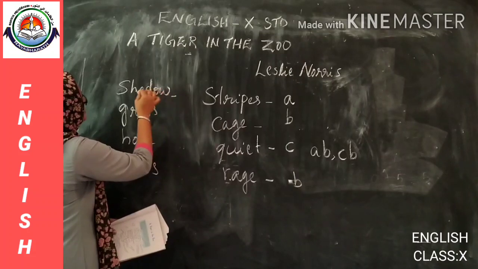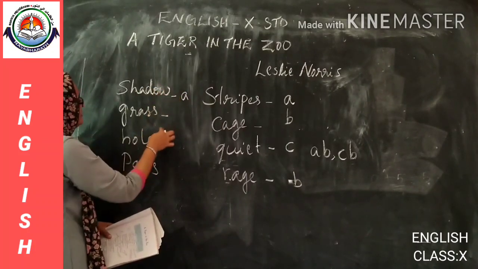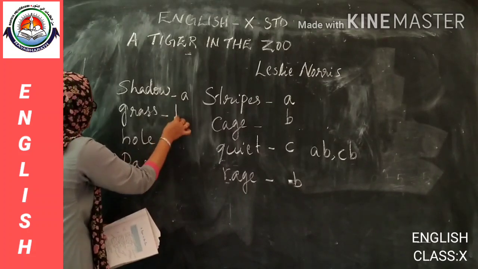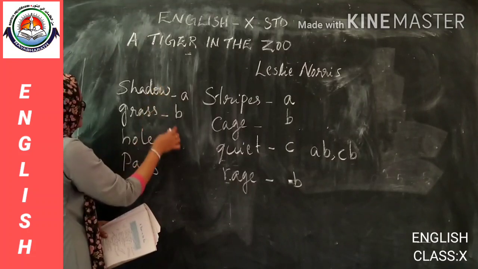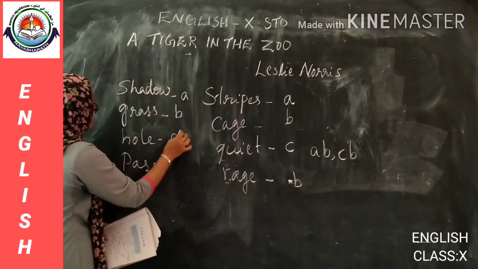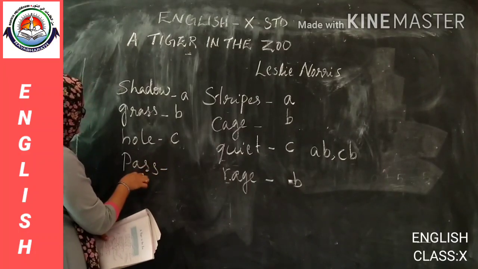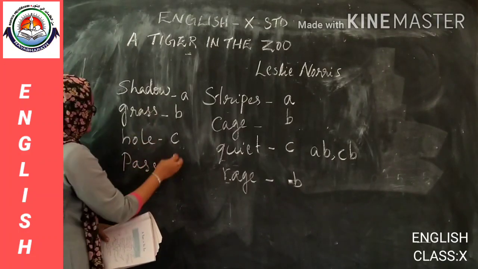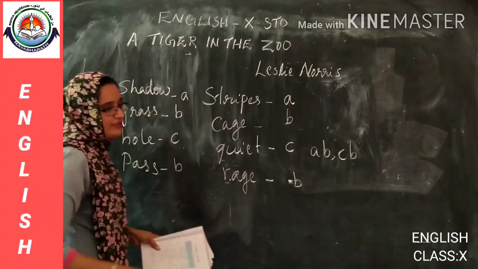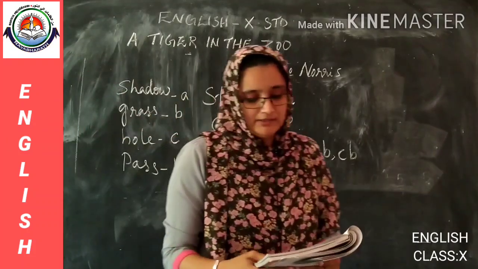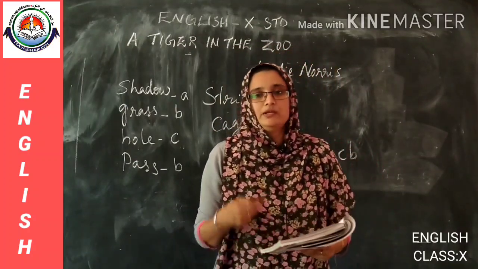Shadow we can give as A here, and grass is not rhyming with shadow, so we can give it as B. And hole is also not rhyming with any of these, so we can give it as C. Then the next, pass, is rhyming with grass, so we can give it as B. So A, B, C, B. The first and second stanzas have the same rhyming scheme, A, B, C, B. So the next will also be the same.